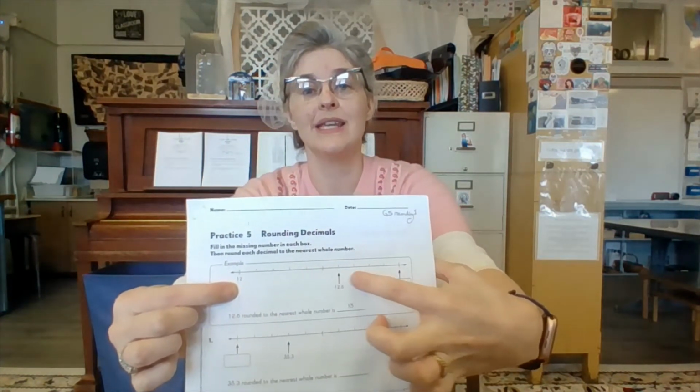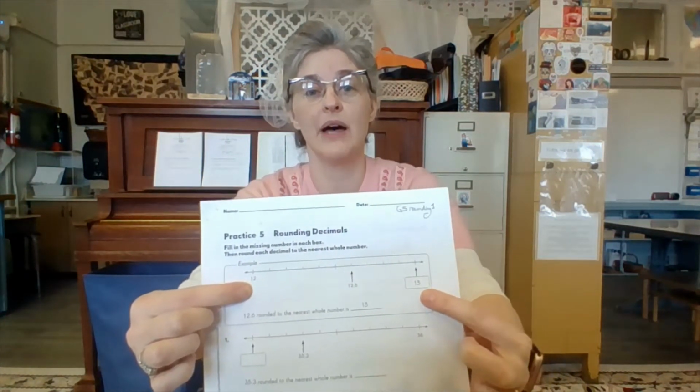So I can see that I am closer. I will round up to 13. So whenever you can, try to imagine coins or a number line. Which of these is it going to be closer to?